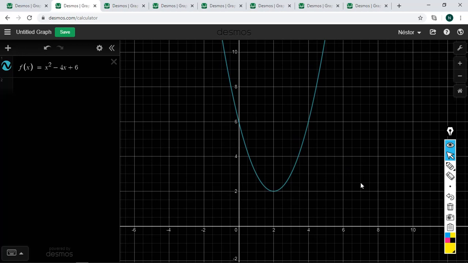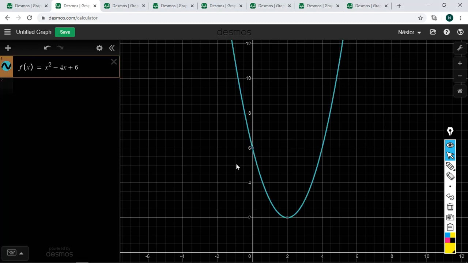So what are we going to say? We're going to say that this particular function does not have an x-intercept. Don't say that it's 0, because that would be wrong. This function does not have an x-intercept because it doesn't cross the x-axis. On the other hand, this function does have a y-intercept, which is this one, the number 6.